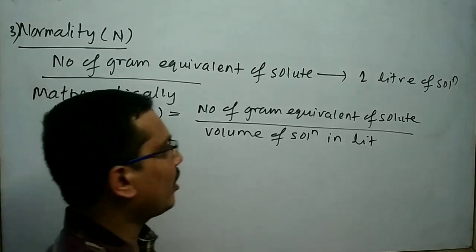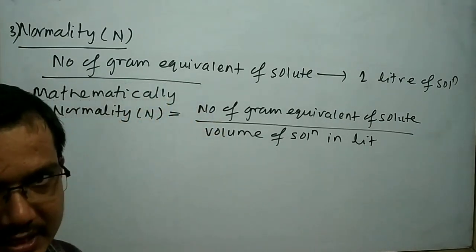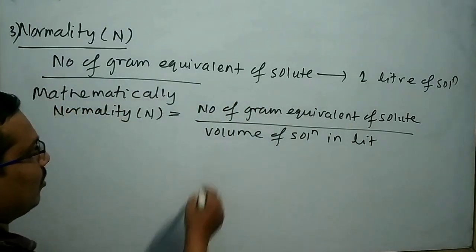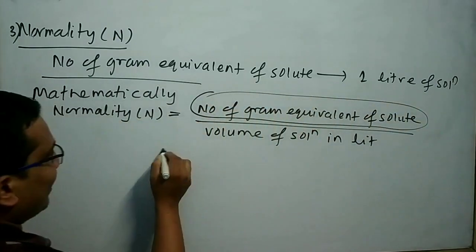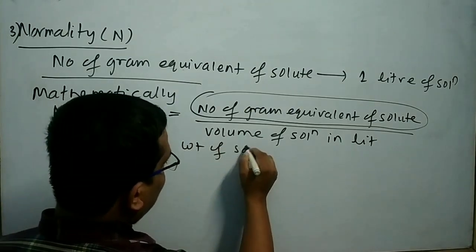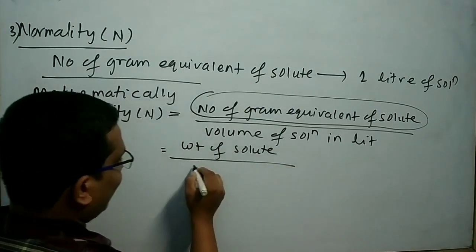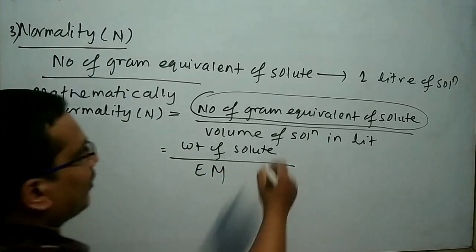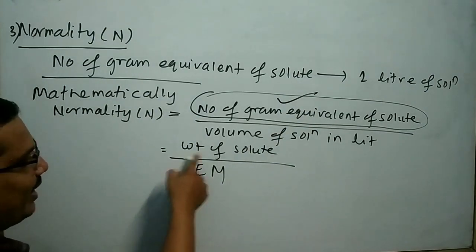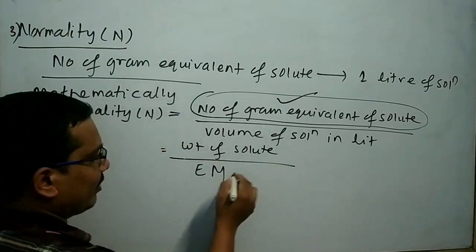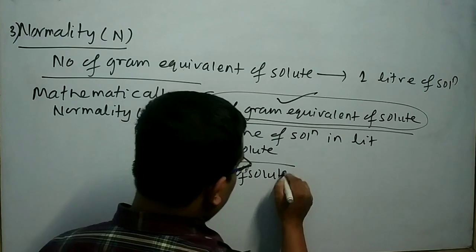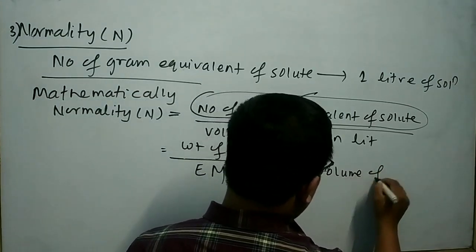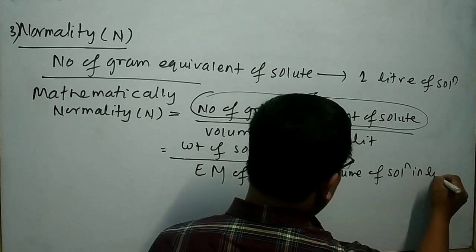We know that the number of gram equivalent of solute means weight of the solute divided by equivalent mass, EM. So I can write weight of solute divided by equivalent mass of solute, again divided by volume of solution in liter.